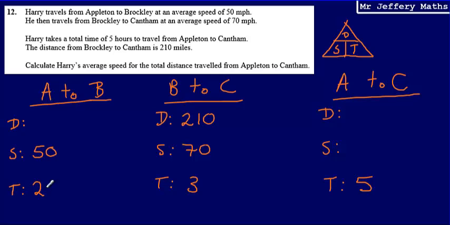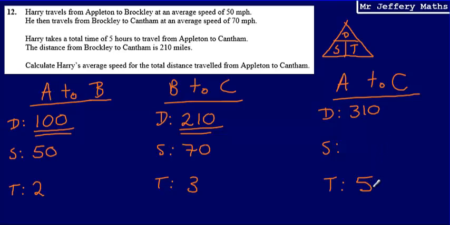If I know that the time taken was 2 hours and that the speed was 50, then speed multiplied by time will give me the distance, 2 times 50, which gives me 100. So now I know that in total, the distance covered between A and C was 100 plus 210. So the distance between A and C, or Appleton and Canton, is 310.